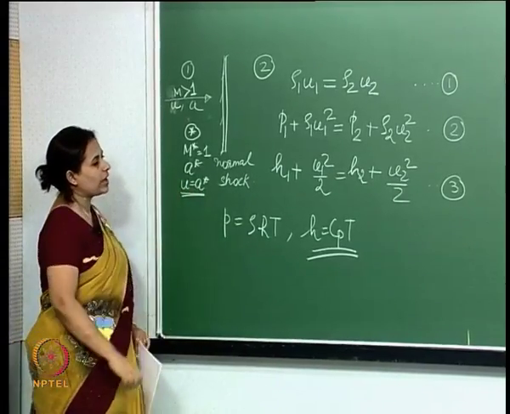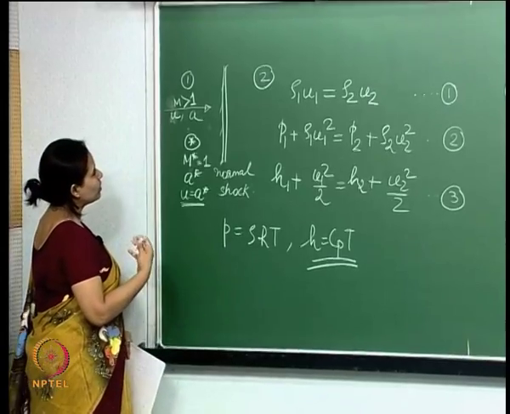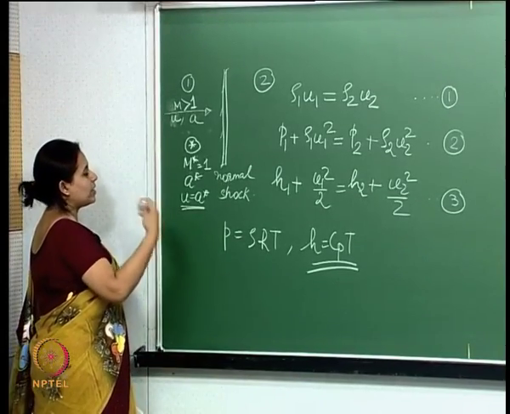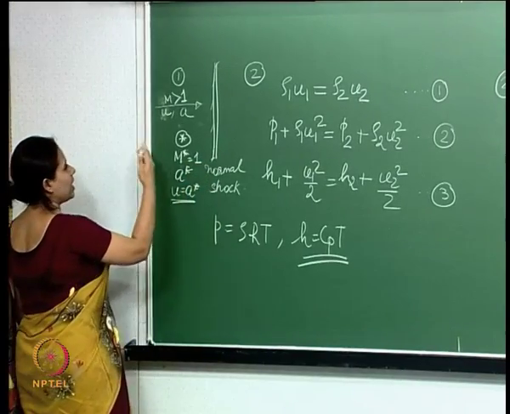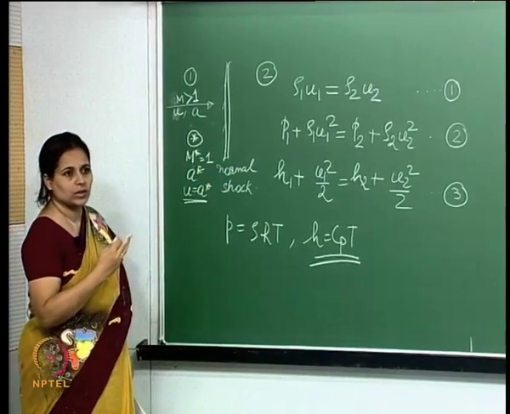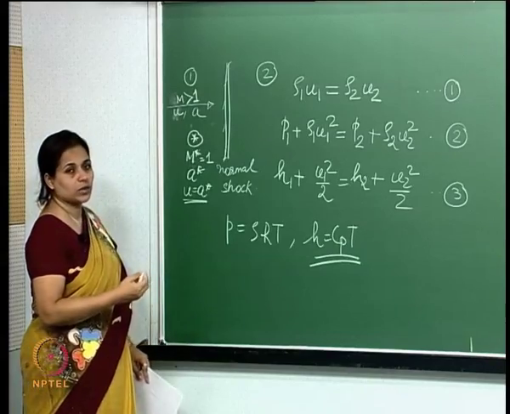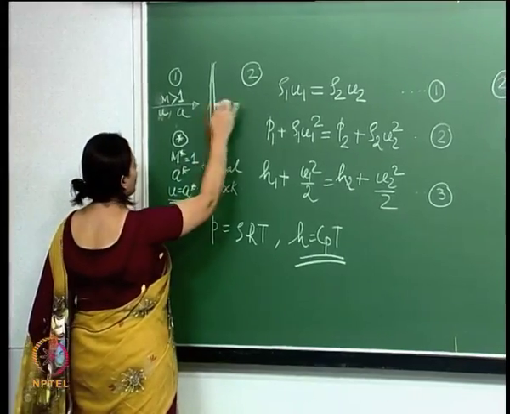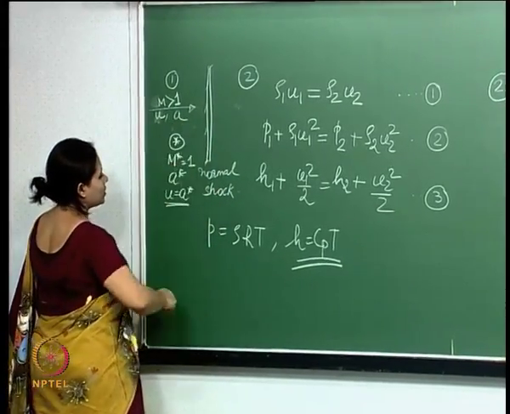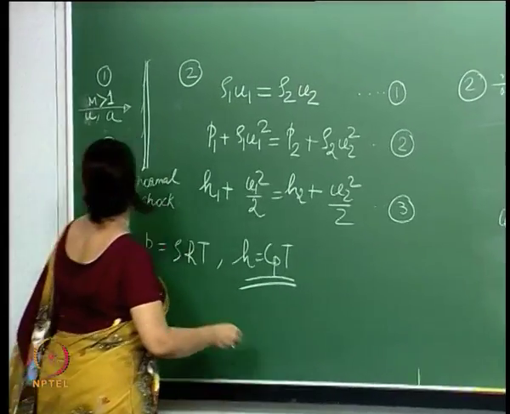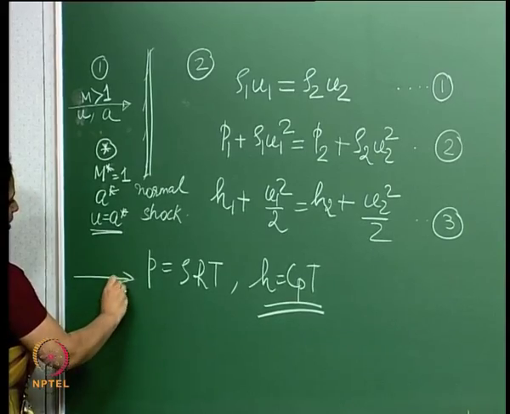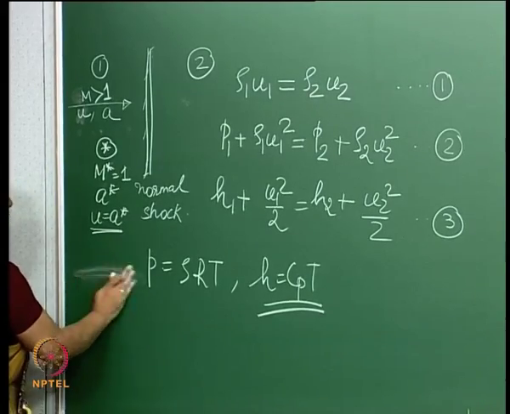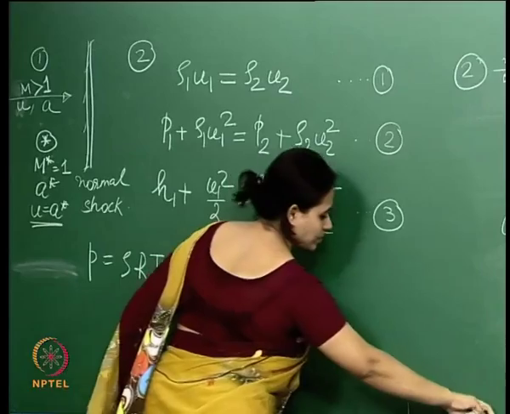Okay. So, we could also do this another way. Say I have a speed of the flow which is subsonic, instead of the speed being supersonic.